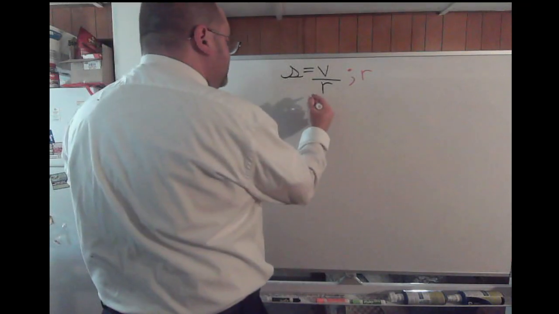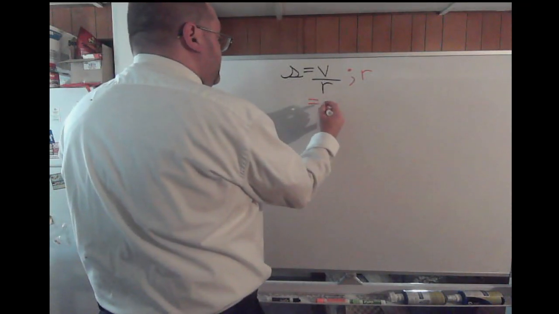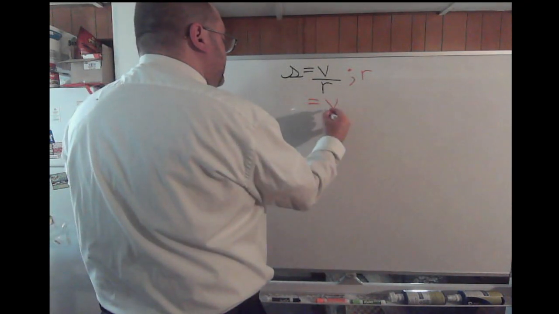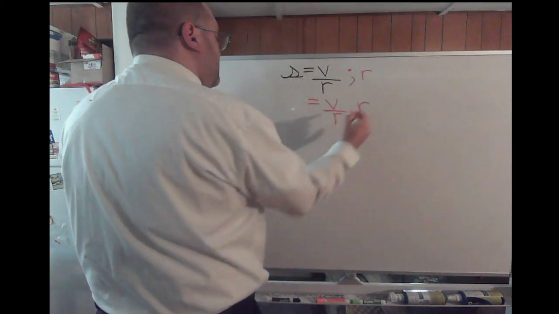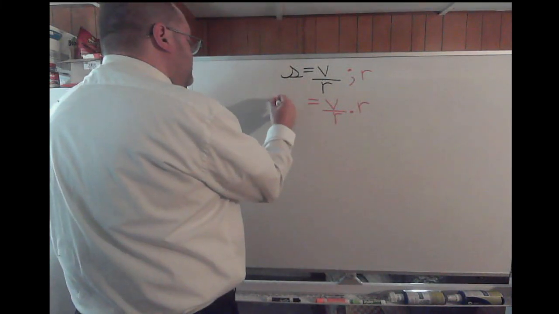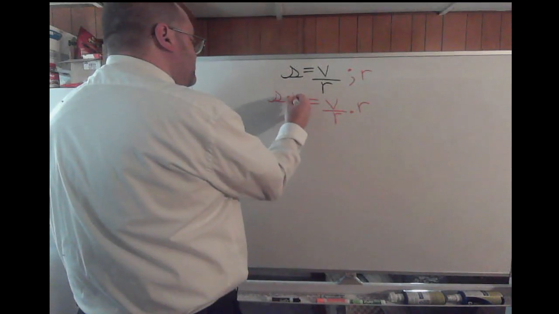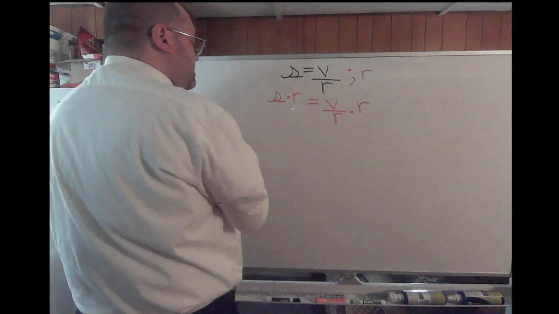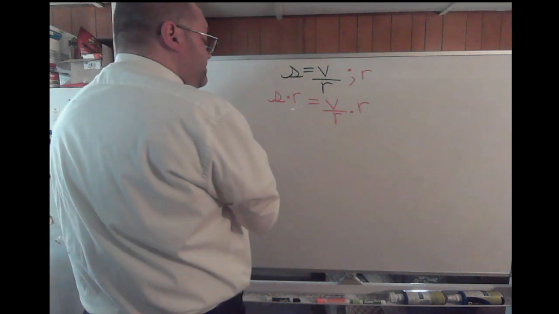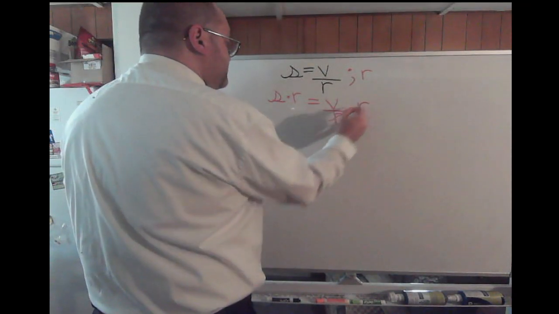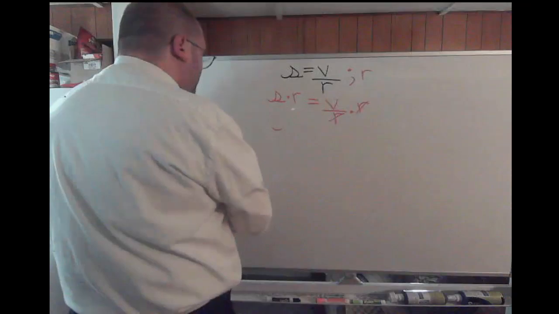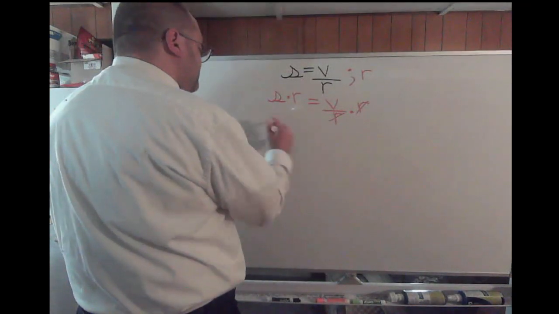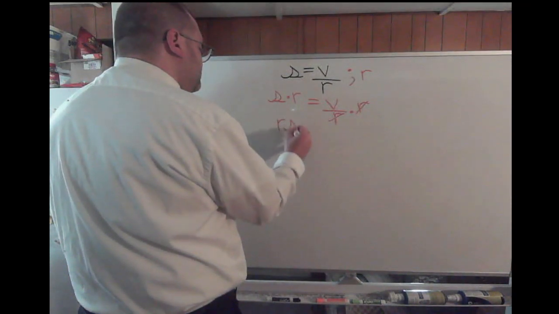So what you want to do is on the right side, take your v over r, multiply that times r. But what you do to one side, you got to do to the other. You'll take your s times r. So on the right side, the r's will cancel out. The left side, you'll have rs. S times R is simply RS.